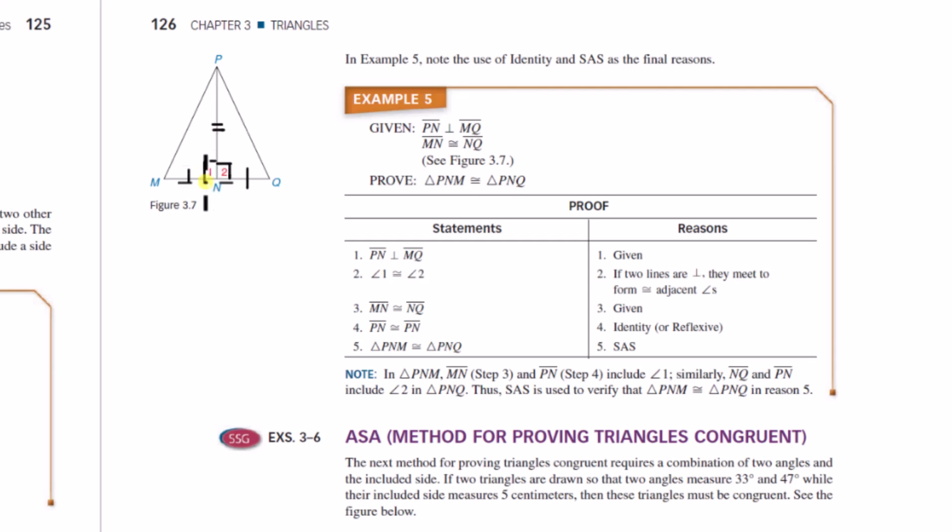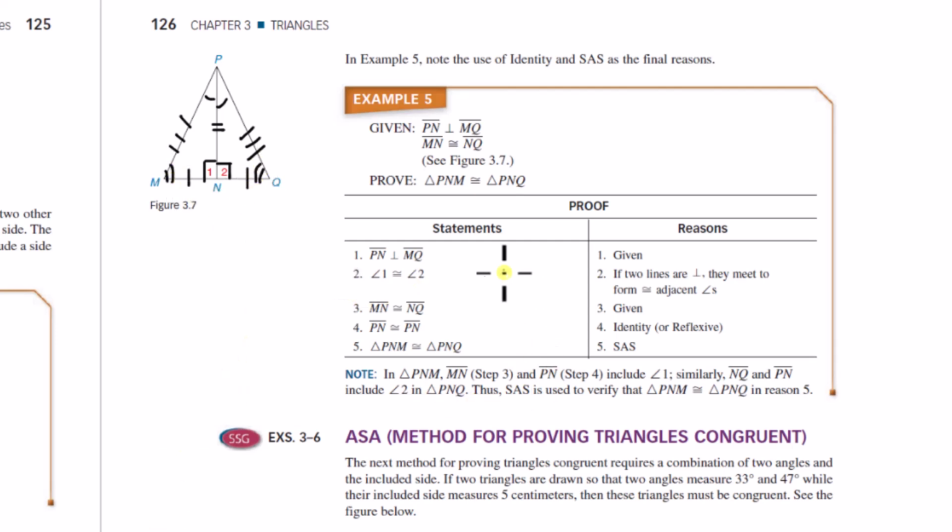This angle has to be 90 degrees. We've proven two side lengths are the same, and the angle included between them is the same. So based on the side, angle, side congruence postulate, the two triangles are congruent, which means that these lengths are the same, these angles are congruent, and these angles are congruent.